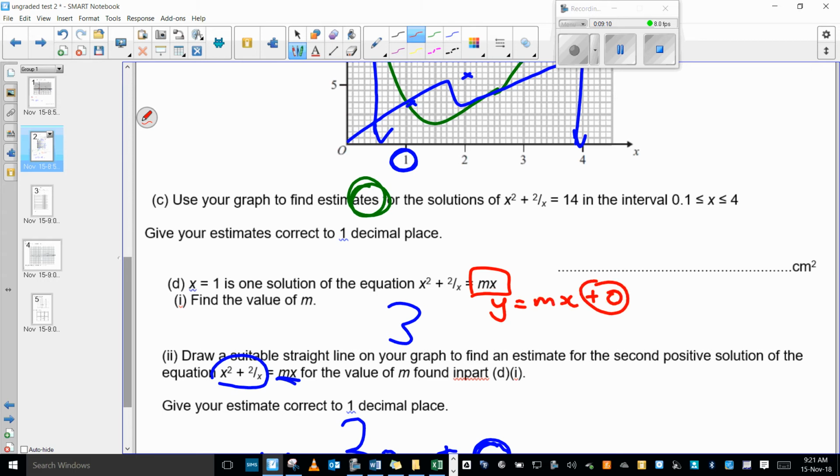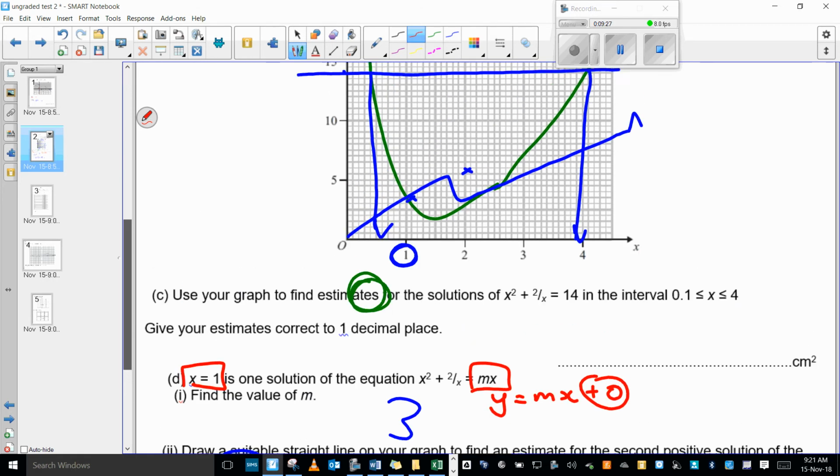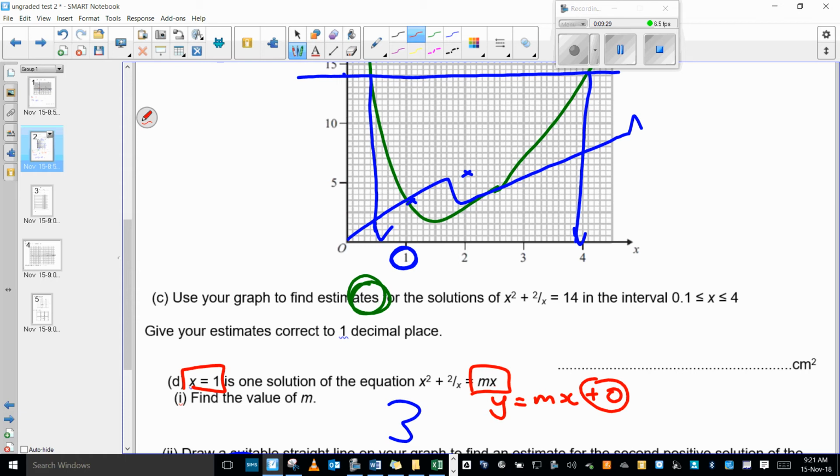And we know when x is 1. So what you do is you find when x is 1, find the point on the line, and then join this up to here, and then you can find the gradient of it.